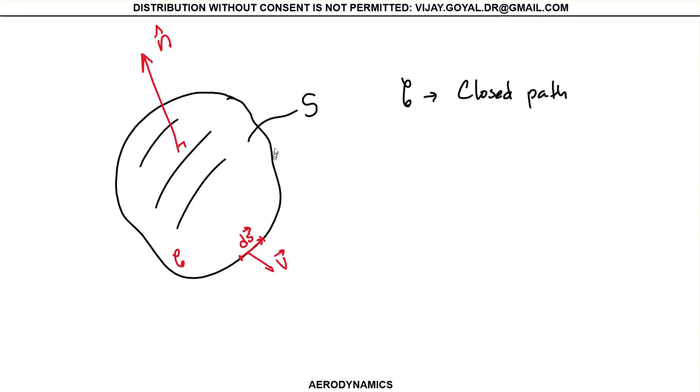By the closed path, we mean the path that encloses the surface. Then S is the enclosed area.